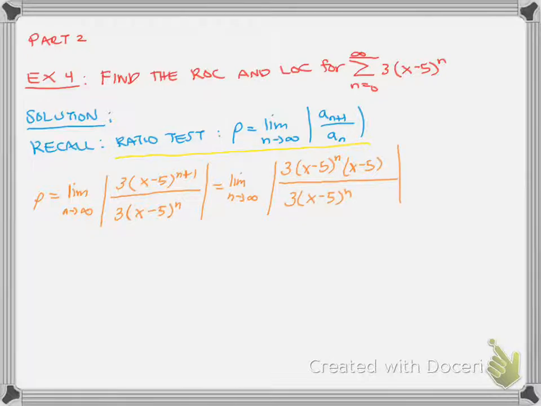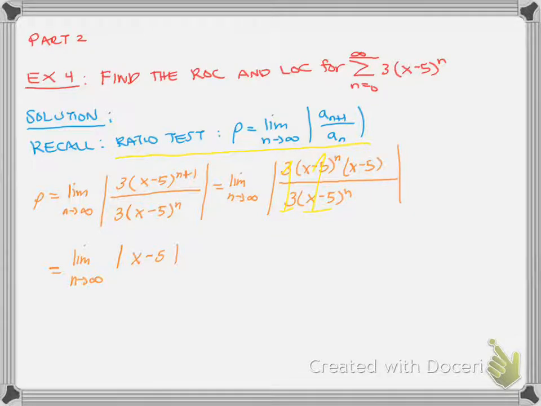And you should see that we have something factoring off, and so that's going to leave us with the limit as n goes to infinity of the absolute value of 3 times x minus 5 over 3, right? Actually, that simplifies too, so we can just factor off those 3's, and we'll be left with the absolute value of x minus 5, right?